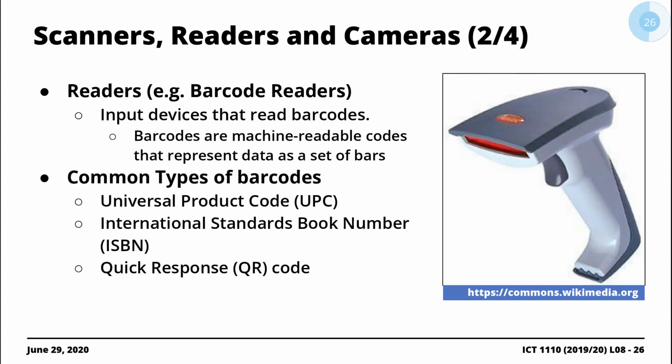All right, some other examples associated with scanners and readers. We have things that you've probably seen in most department stores, the so-called barcode readers. When you're at the till in ShopRite, for instance, the person attending to you will scan the product or item that you wish to purchase, using what's called a barcode scanner or barcode reader.